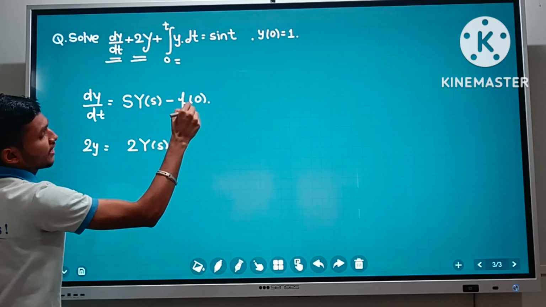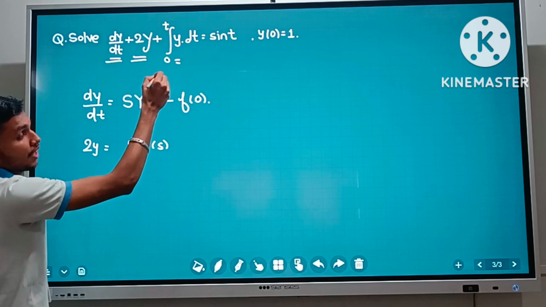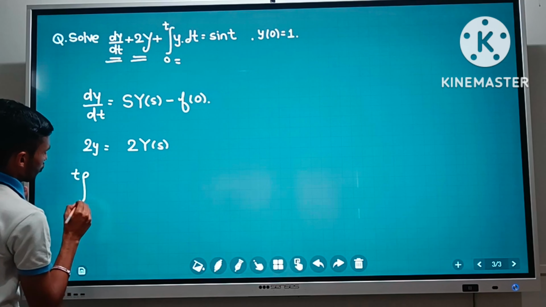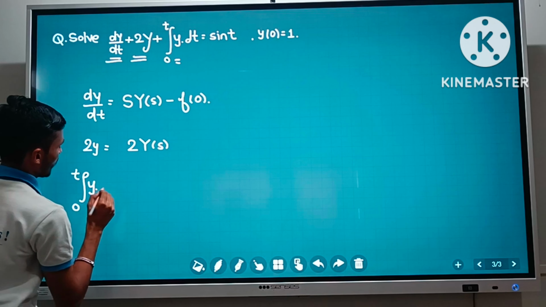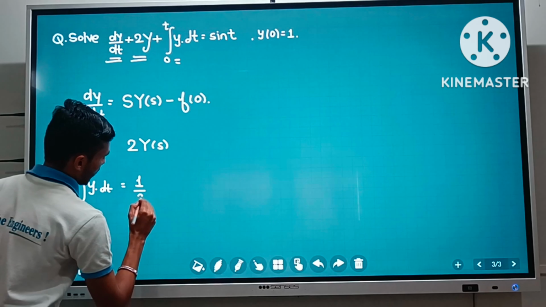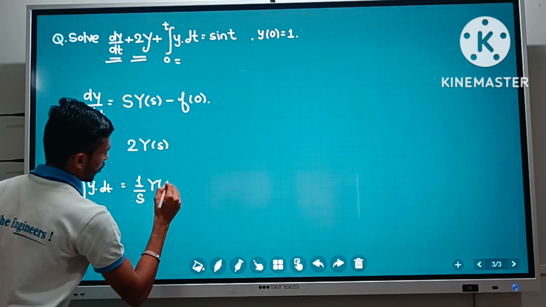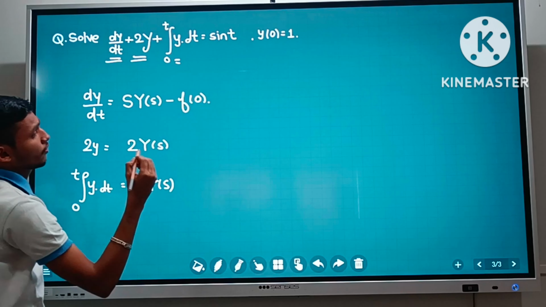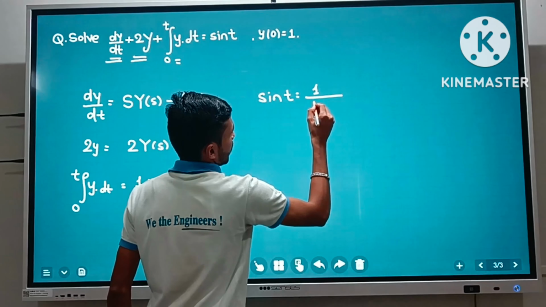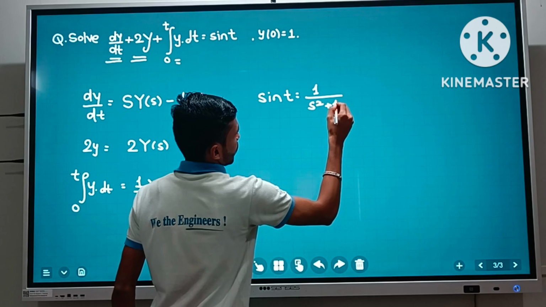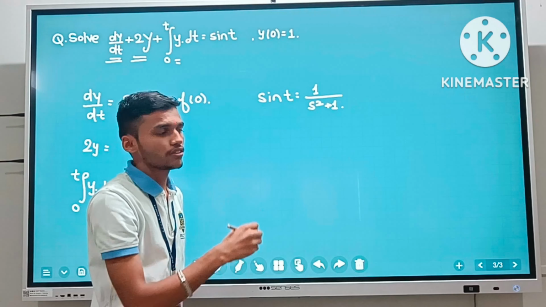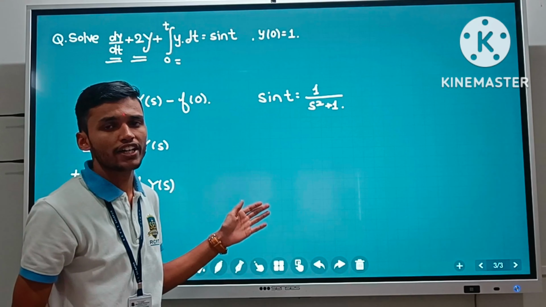Then for the integral, we find the integration first and apply the property: the integral from 0 to t of y dt is equal to 1 upon s times capital Y of s. For sin t, it is 1 upon s square plus 1, as the coefficient of t is 1. Now we will further rearrange and find Y of s.